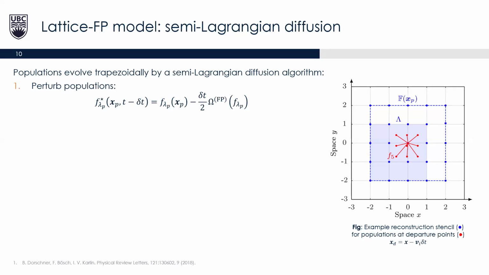So in a very simplified manner, what I do is a bit of a heuristic and work-in-progress methodology. At the start of a time step, you perturb your populations within the stencil by the Fokker-Planck operator as it's prescribed by trapezoidal integration.